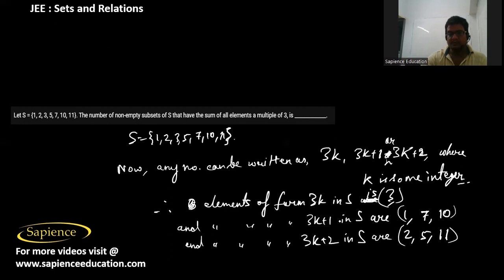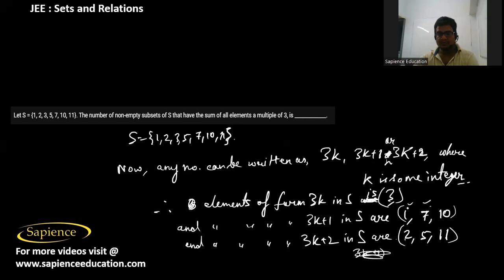Since 3k plus 1 plus 3k plus 1 will be 3k plus 2.